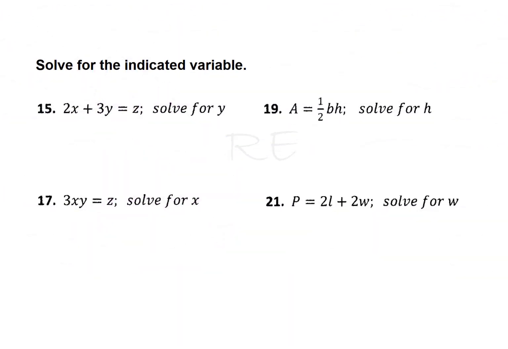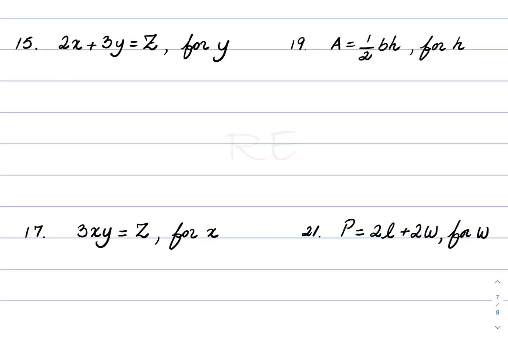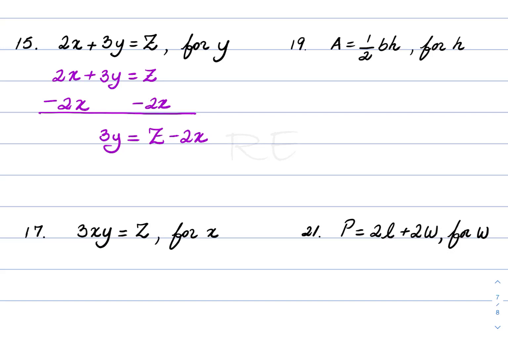We're going to solve these literal equations for the indicated variable. 2x plus 3y is equal to z will be solved for y. We're going to subtract 2x from both sides, and 3y is equal to z minus 2x.